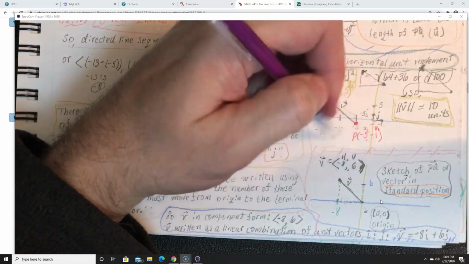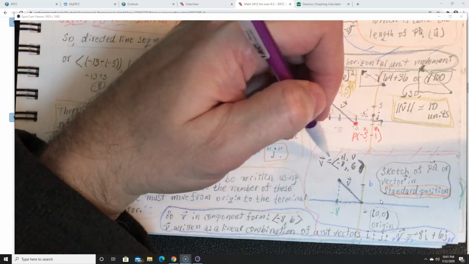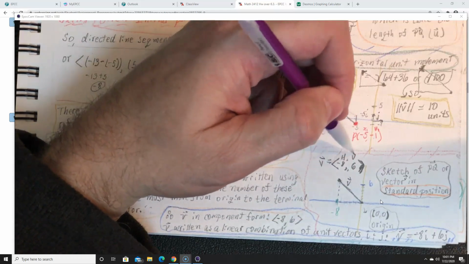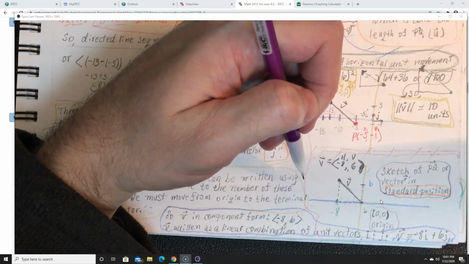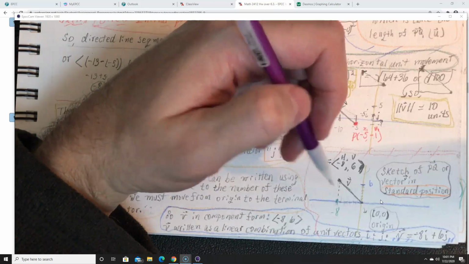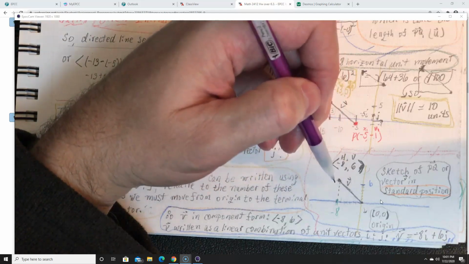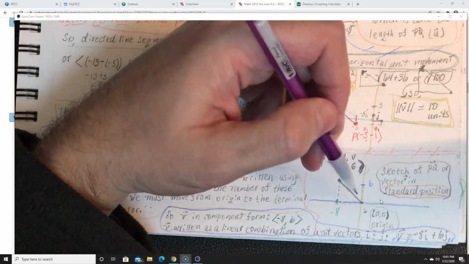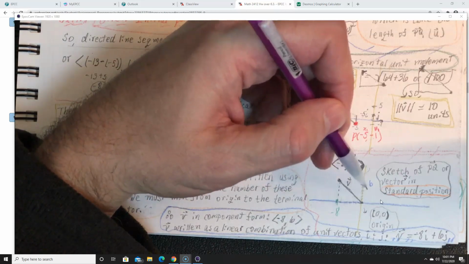So how can we rewrite a vector that's in standard position other than component form? You can write it as movement in the horizontal direction and the vertical direction using these little tiny unit vectors i and j's.